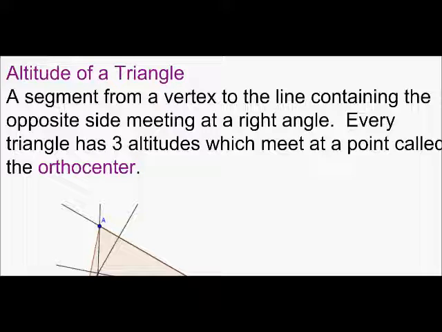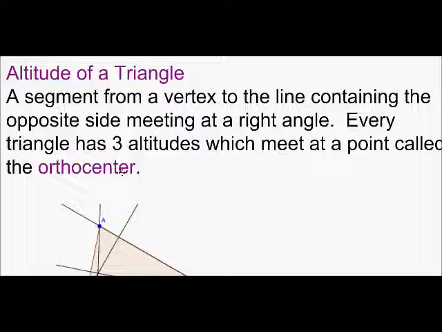Our first new term here is the altitude of a triangle. You may know this kind of like the height of a triangle. The altitude is a segment from a vertex to the line containing the opposite side meeting at a right angle.